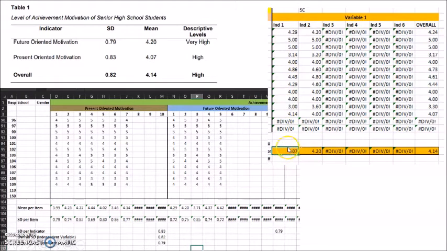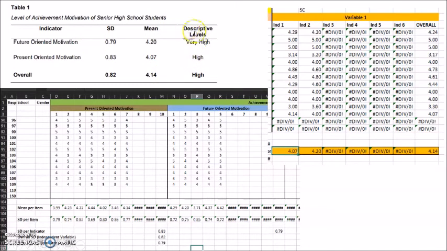Indicator 1, present-oriented motivation, has a mean of 4.07. Indicator 2, future-oriented motivation, has a mean of 4.20. And the overall mean is here: 4.14.